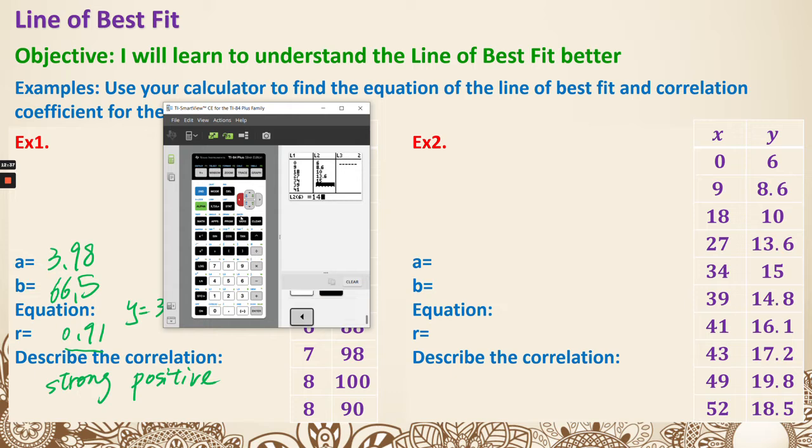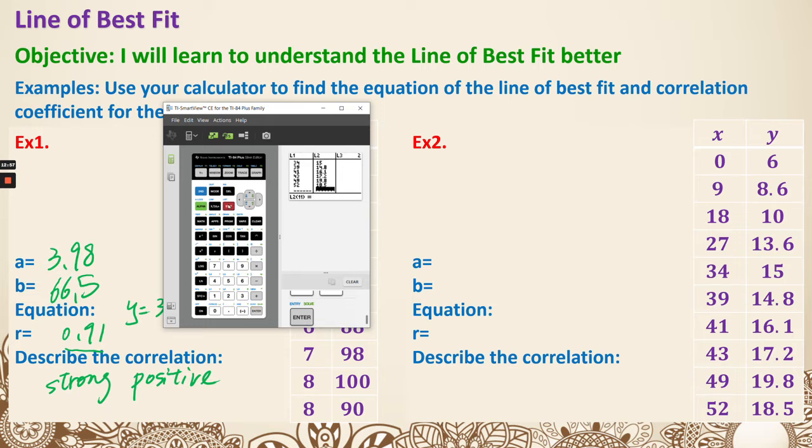I need to go back and delete that. So it's actually going to be a dot, 14.8, and then 16.1, 17.2, 19.8, and last one, 18.5. There we go. It is corresponding with 52.